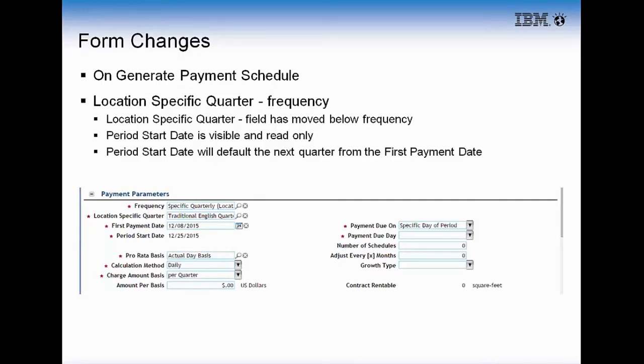They have special dates, so whatever first period payment date you select, we are finding the next quarter for either English or Scottish quarter and pre-populating it for you. So that's the period start date that majorly changed in our Generate Payment Schedule wizard.